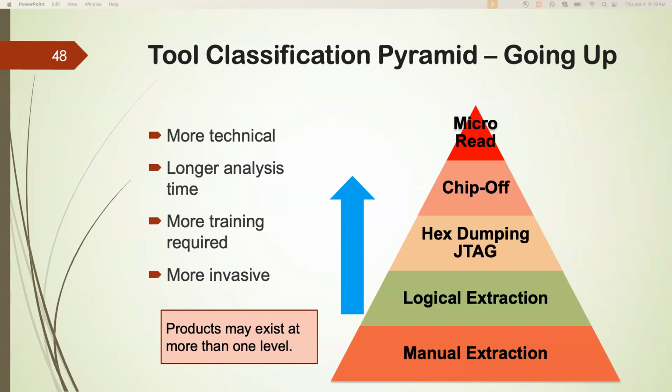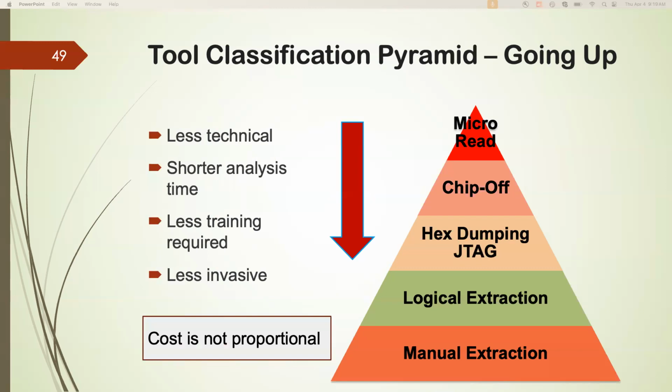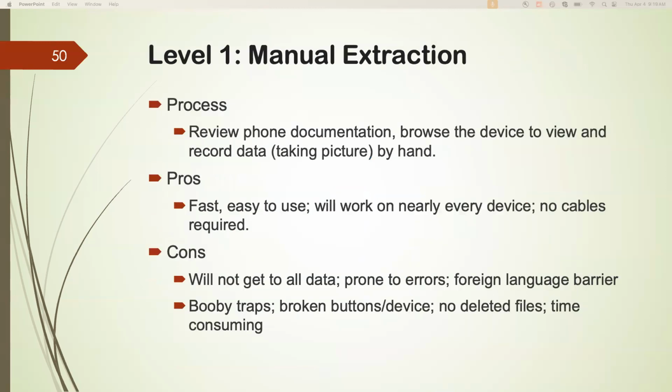So most of your forensic investigation will lie in the first 2 categories. In very severe cases, we will have to use JTAG or the chip off method. And lastly, if there's a plane crash or something like that, where everything is destroyed, in those cases we will be looking at micro read. So we will go through them one by one.